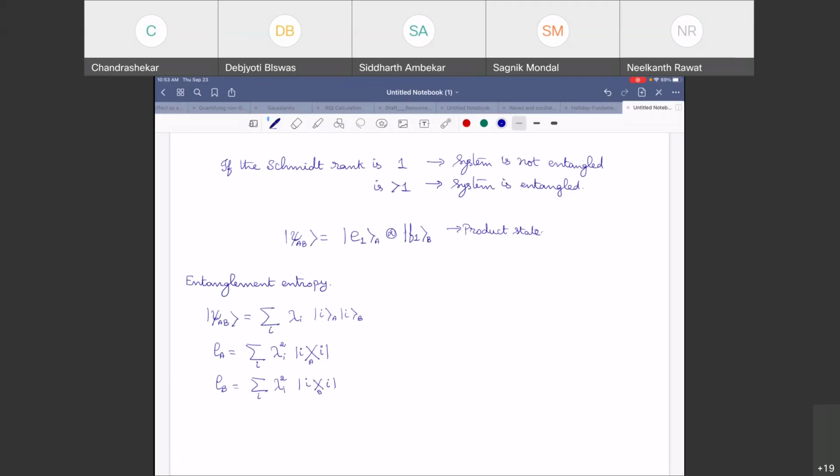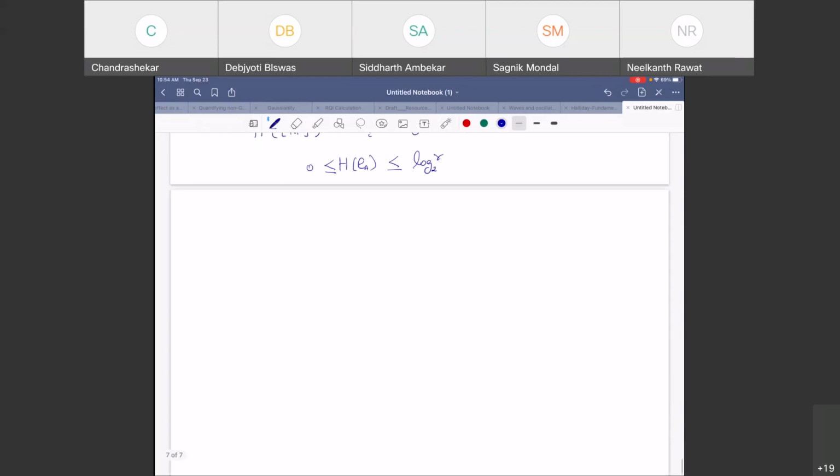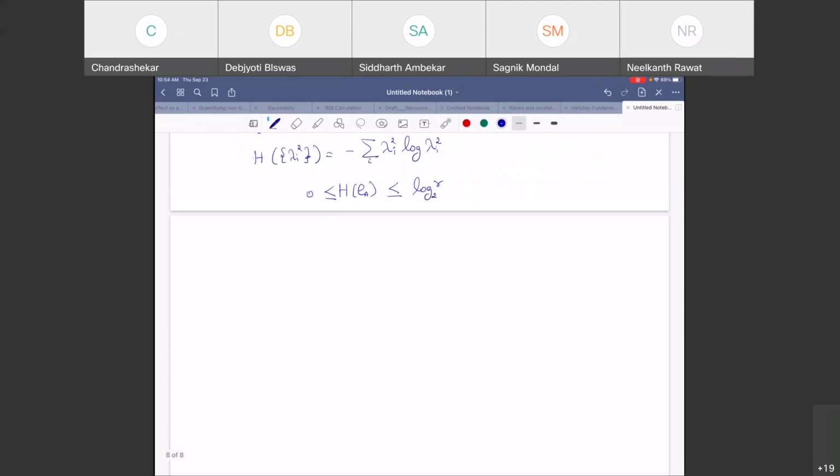So the entropy for this is minus the sum over i of lambda i squared log lambda i squared, and so the entropy of the reduced density matrix will lie between 0 and the log of the Schmidt rank of the system.